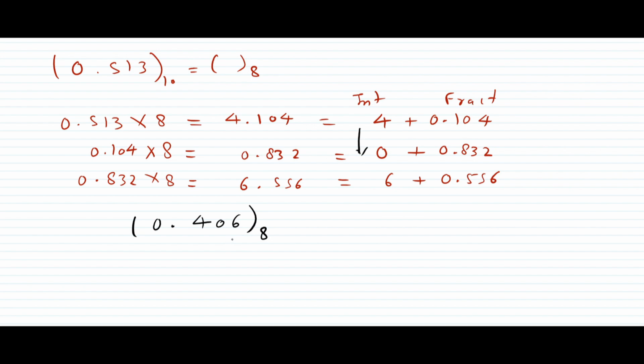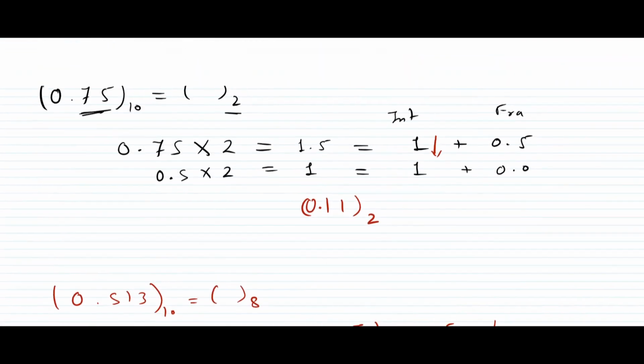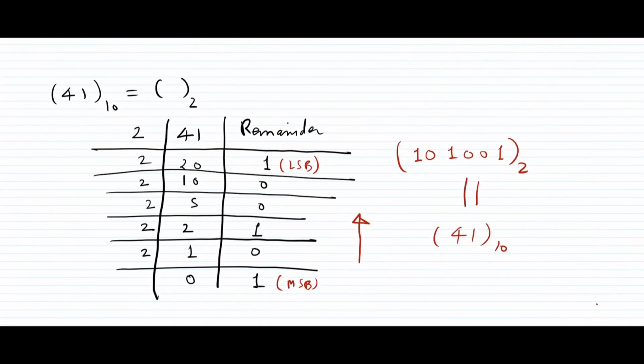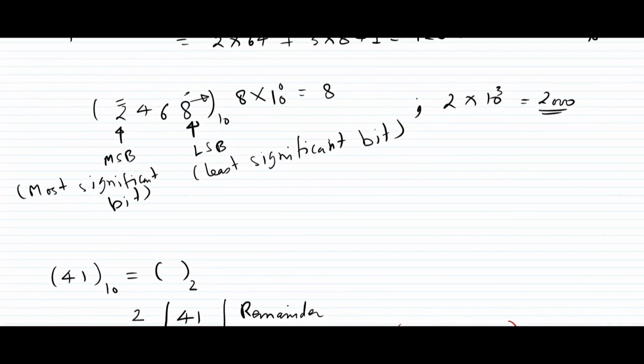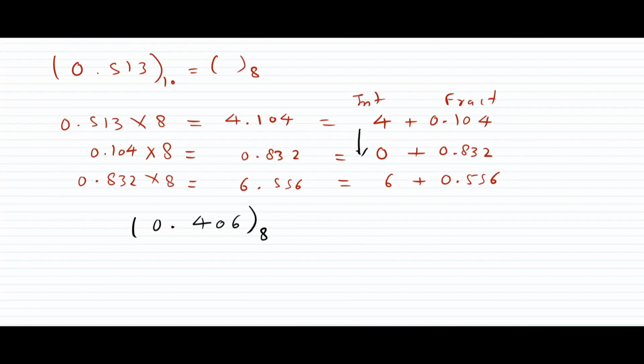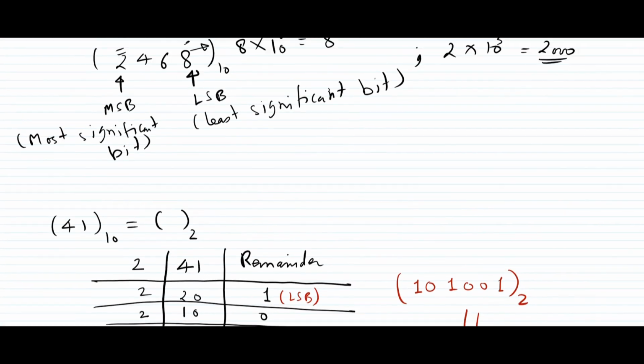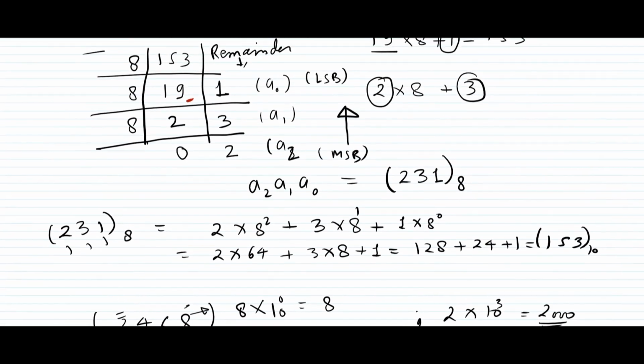So this way we can convert a decimal number system to any number system. Now suppose I give you a question like this. Here I have used 231, right? The first problem was, sorry, it is 153 in base 10.